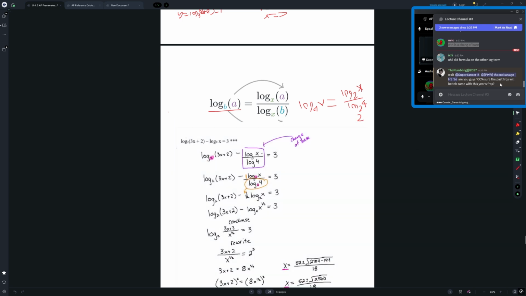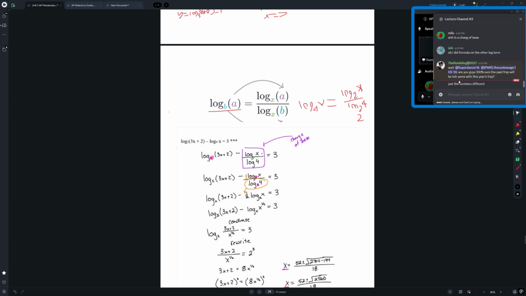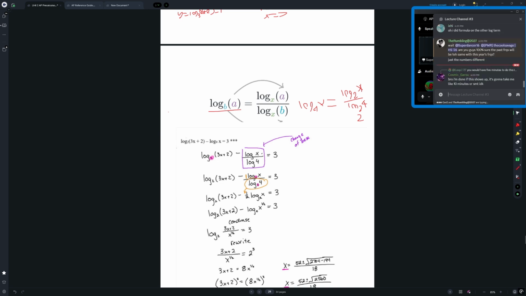The structure will stay the same, and I don't know why the structure and the functions might change on FRQ2.